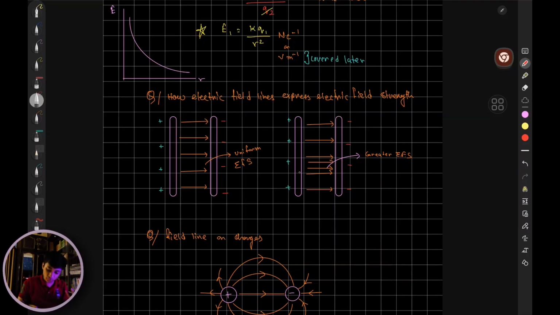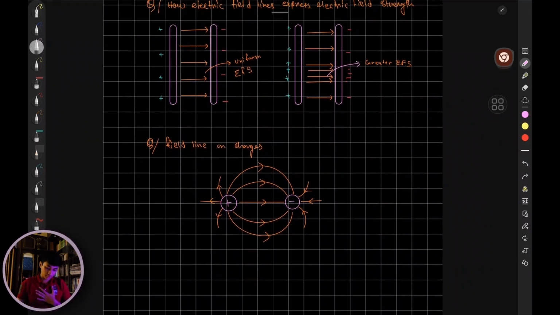In that case, let's say the charge distribution is very non-uniform. You're going to see that at certain positions the field lines are closer together, and at other points the field lines are further apart. What that demonstrates is that over at A your field strength is weaker compared to over at B, where the field lines are closer and the field strength is greater.